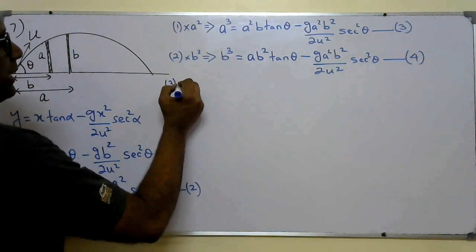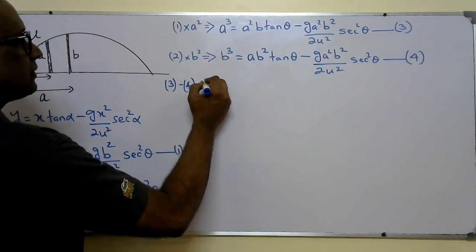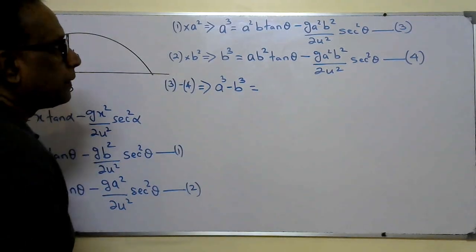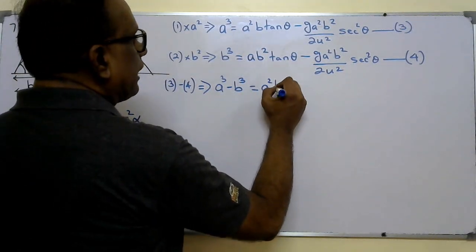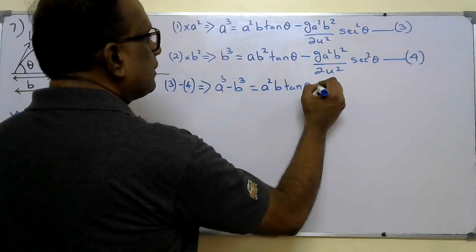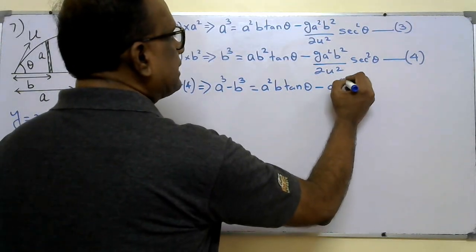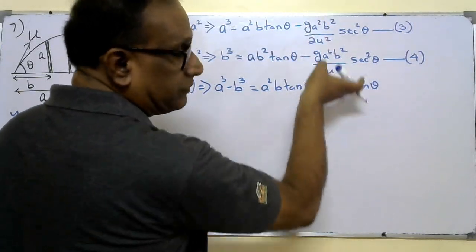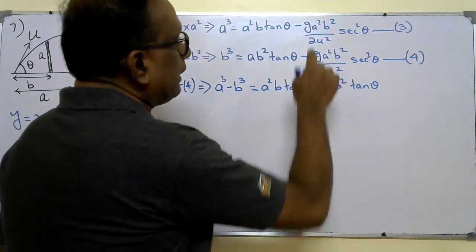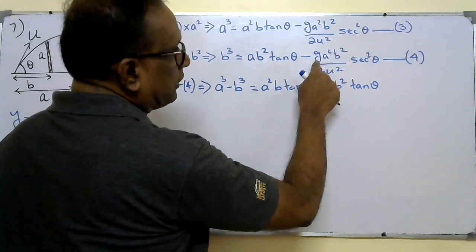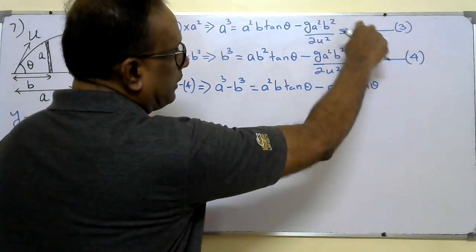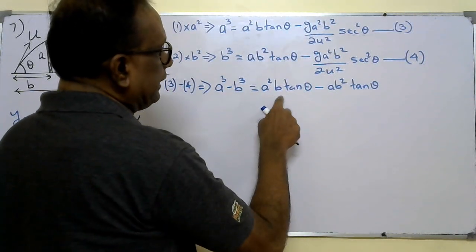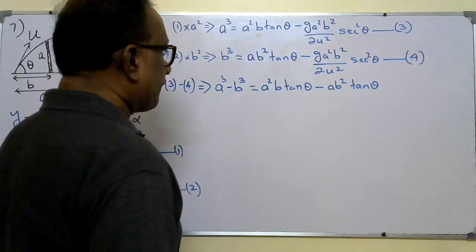Third equation minus fourth equation, we'll get a cube minus b cube equal to a squared b tan theta minus a b squared tan theta, because this part and this part will get cancelled, the g a squared b squared over 2u squared sec squared theta. So remaining will be a cube minus b cube equal to a squared b tan theta minus a b squared tan theta.